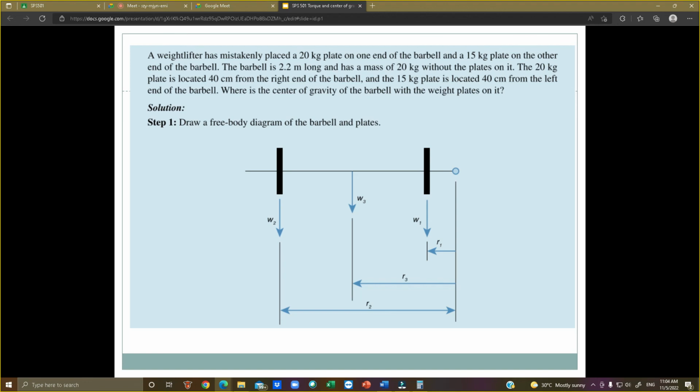Satu cara is convert that mass to weight. Cara kedua, we omit the gravity out of the equation. Pasal kita nak tahu tempat je ni. Okay, kita just nak tahu dekat mana. Both of the way is actually permissible to be used. Okay. Boleh? Dapat tak? Macam mana nak buat? Cara macam tadi. Cara macam kita tentukan center of gravity tadi.